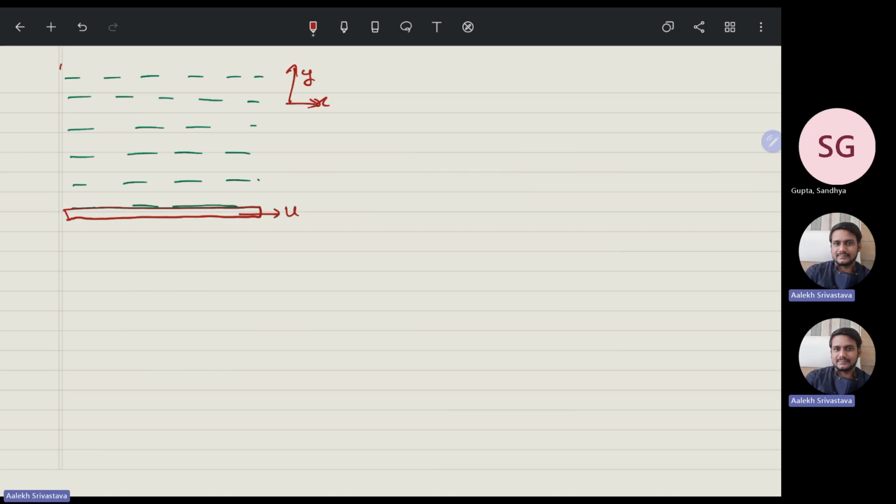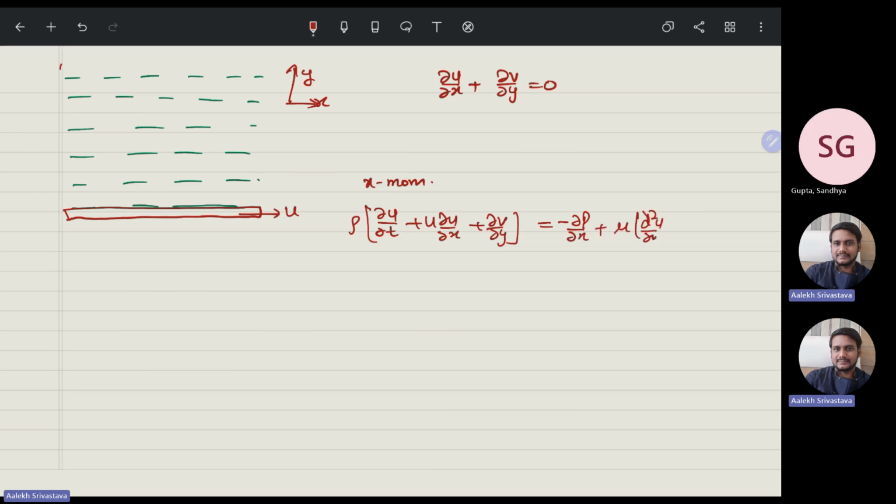Now you need to solve this equation. Suppose again I write the continuity equation: del u by del x plus del v by del y is equal to 0. It is 2D incompressible flow, but it is not a steady state problem, because I will explain why. The x momentum: rho times del u by del t plus u del u by del x plus v del u by del y is equal to minus del p by del x plus mu times del 2 u by del x square plus del 2 u by del y square.